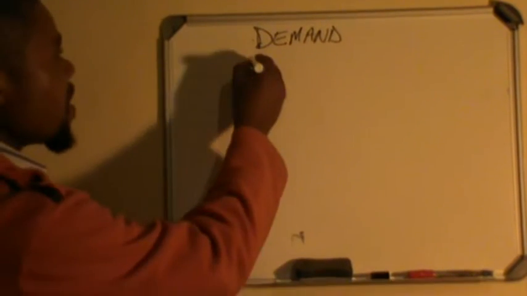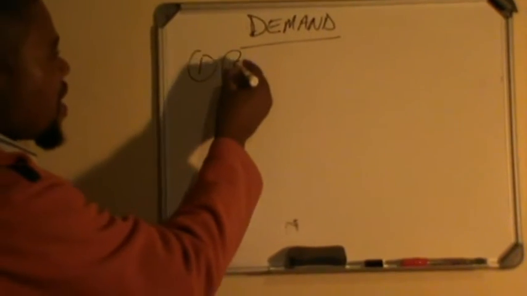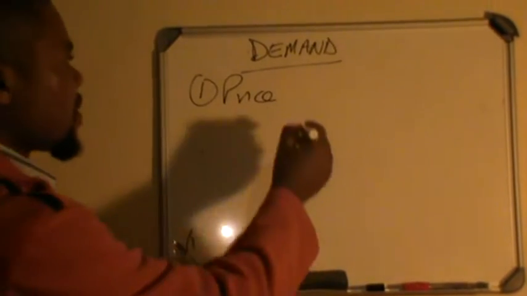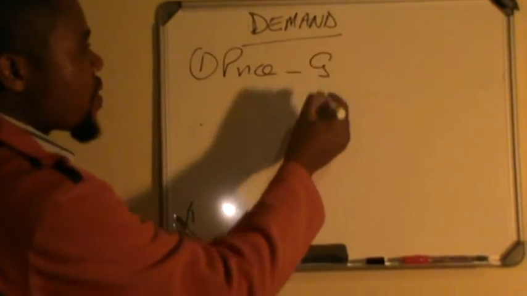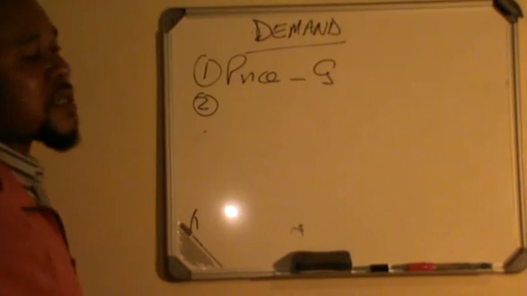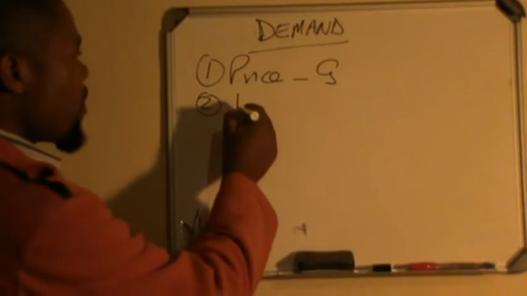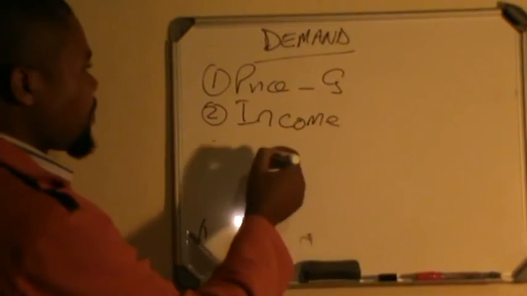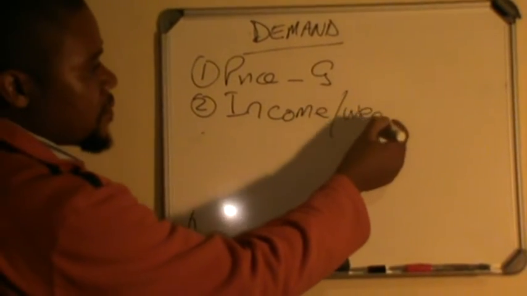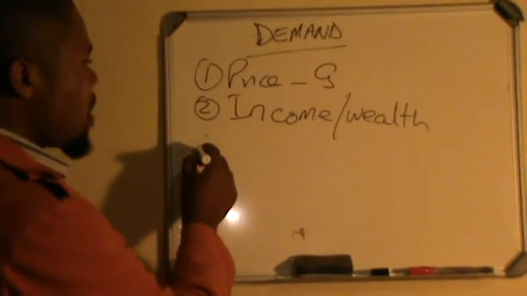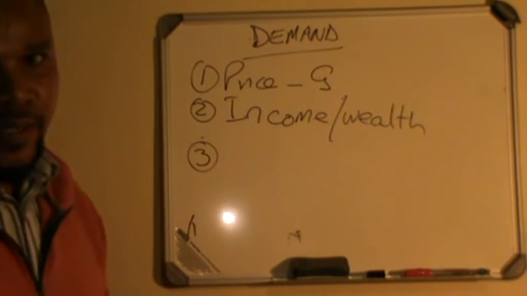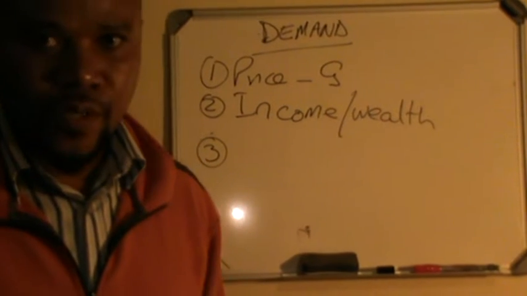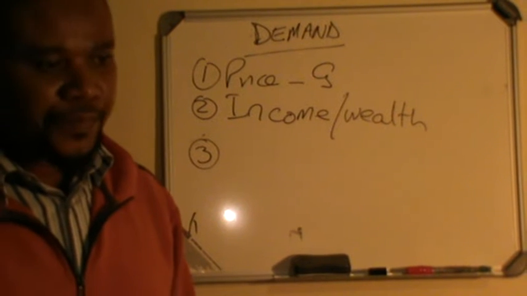So the factors are the price of the good, the income or wealth of an individual or household, and the prices of other goods. The prices of other goods could be substitutes or complements.